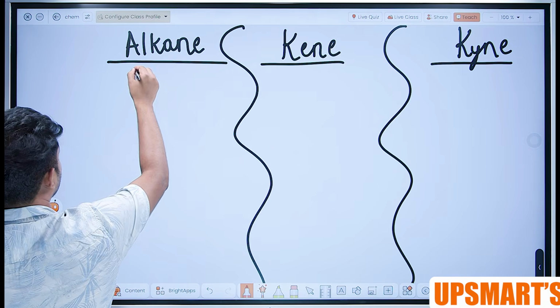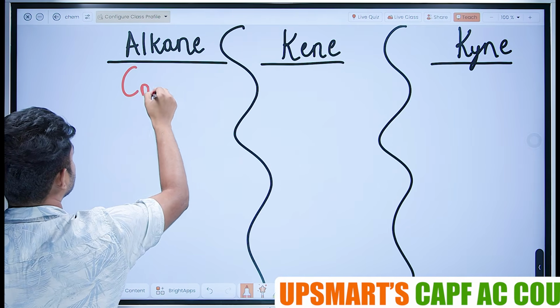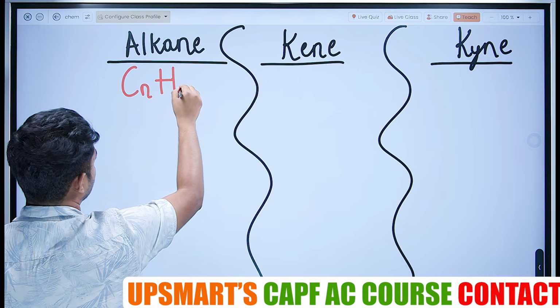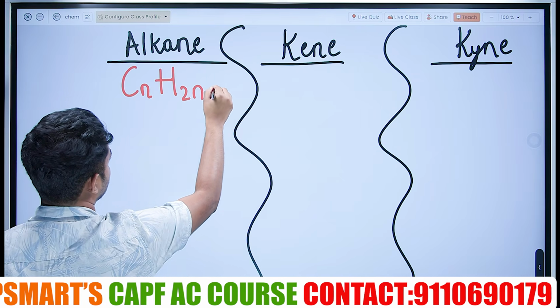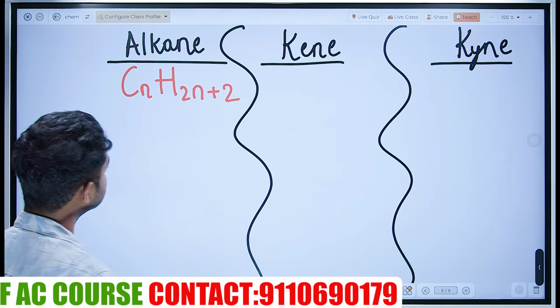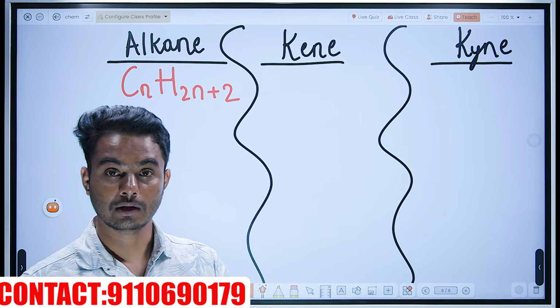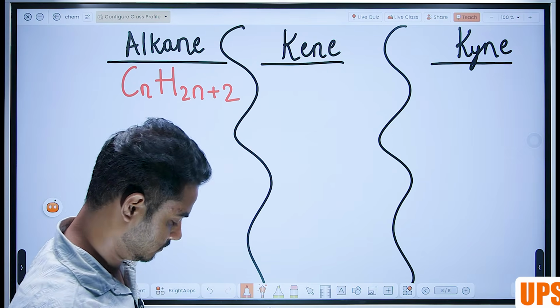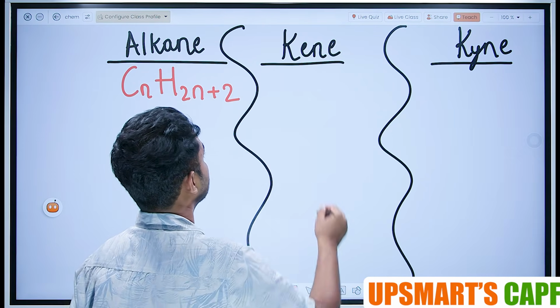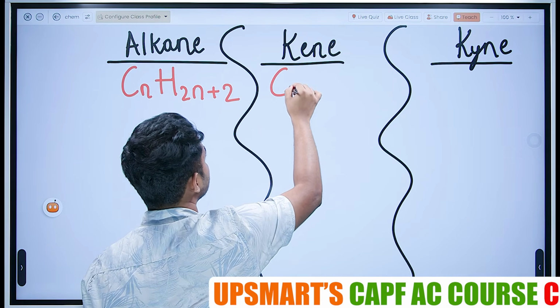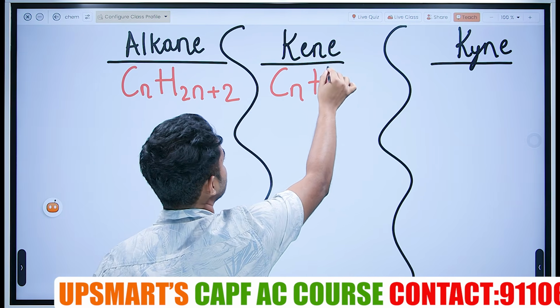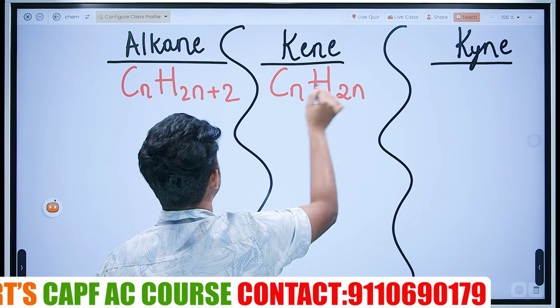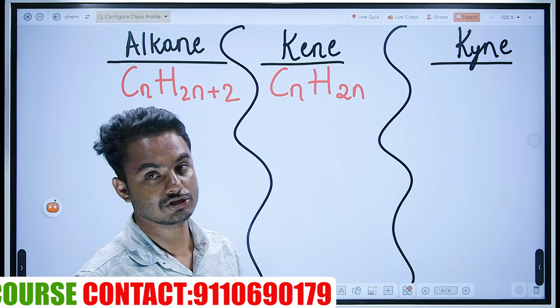The formula for them: CnH2n+2. I told you hydrocarbons contain only carbon and hydrogen. If this is the formula, it is called an alkane. Next, alkenes have the formula CnH2n, which is minus 2 from the alkane formula.